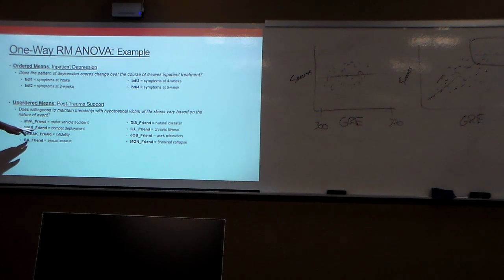But if I juxtapose that against, say, combat exposure, now all of a sudden we've got contrasting, we've got carryover effects, right? Which is one of the things we're concerned about with our repeated measures designs.